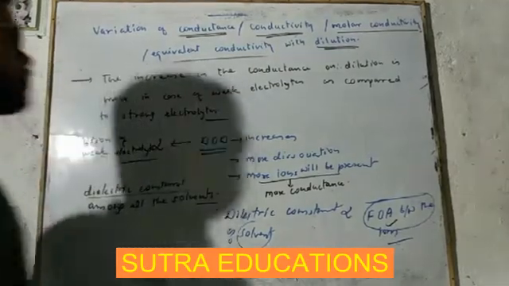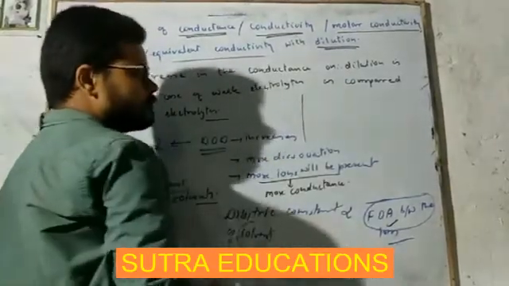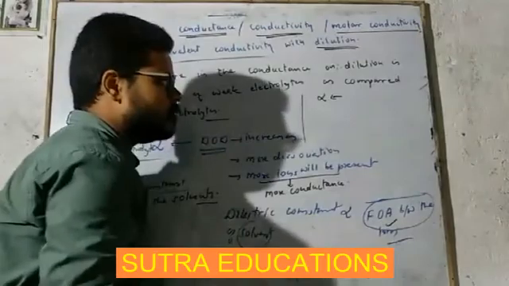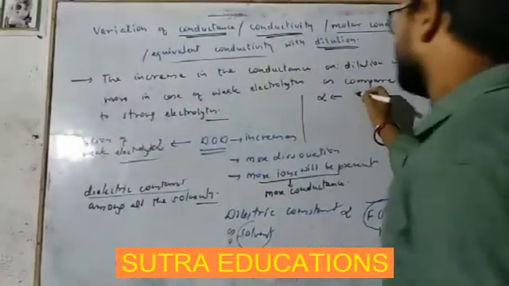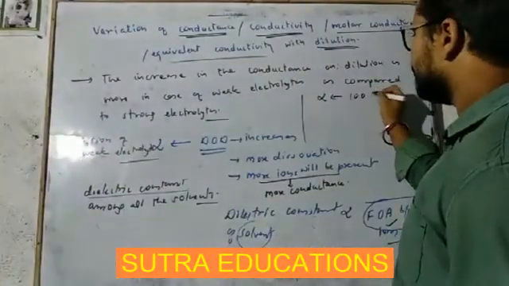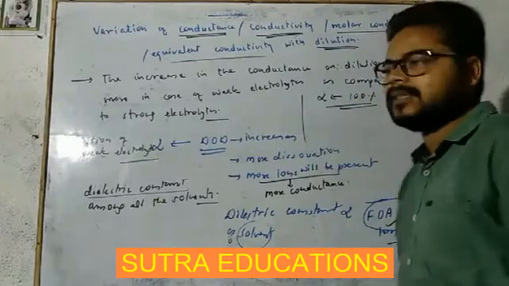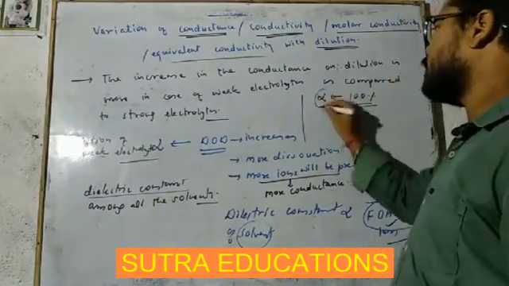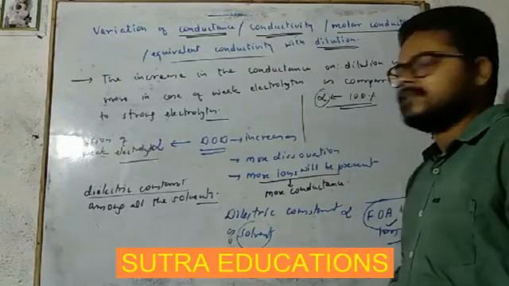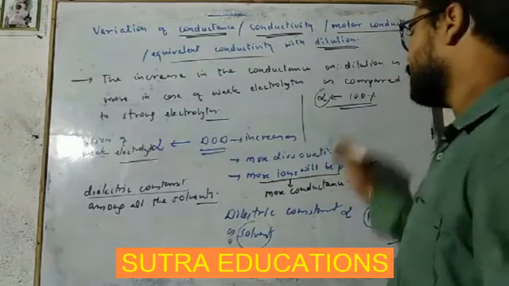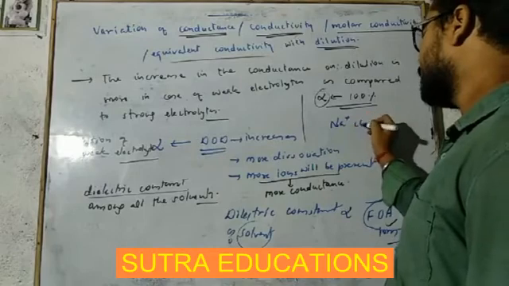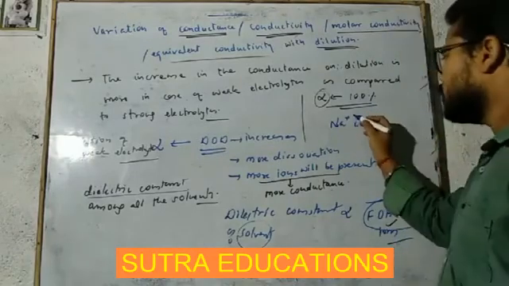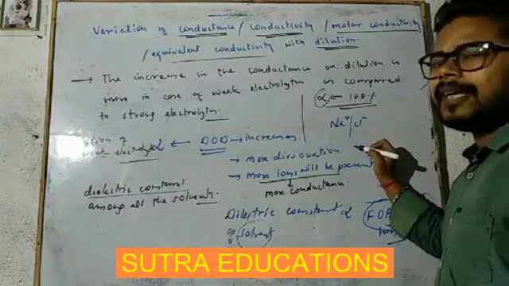But in the case of strong electrolyte, I told you, alpha remains the same. Alpha in the case of strong electrolyte is approximately 100%, meaning 100% dissociation takes place. So there is no change in alpha. The only change is that initially the oppositely charged ions of the electrolyte were closer to each other. But on dilution, what happens?